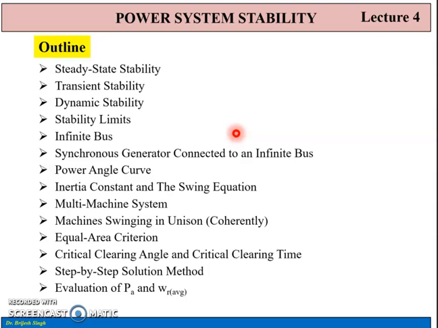If the synchronous generator is connected to an infinite bus, we can calculate the maximum power injected into the network by the generator. Then we studied the power angle curve, which represents how the generated power changes with respect to the load angle.